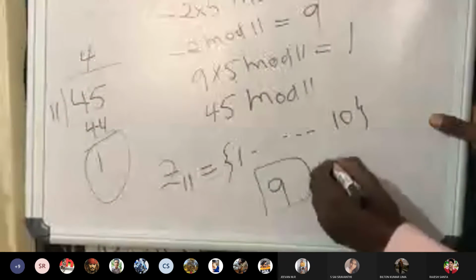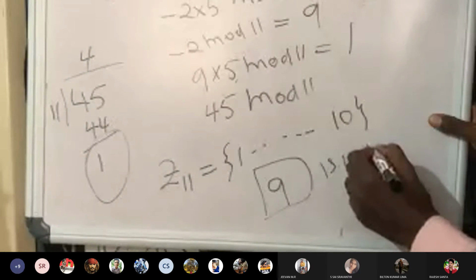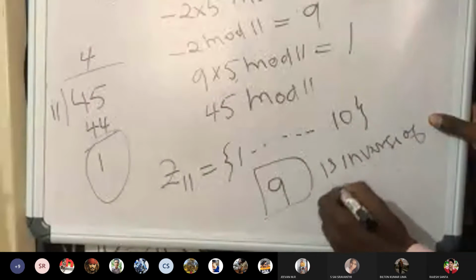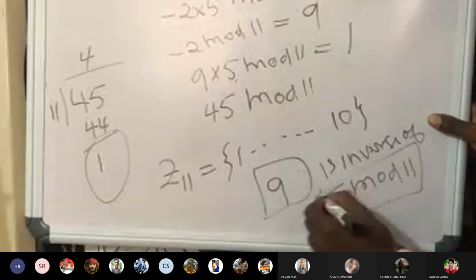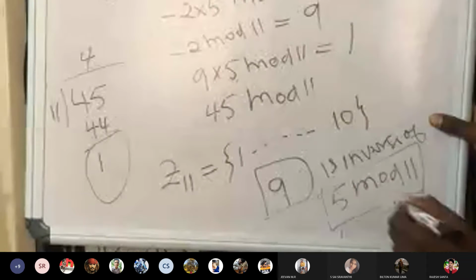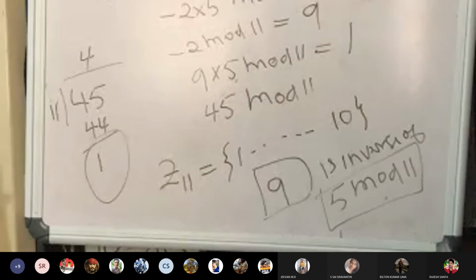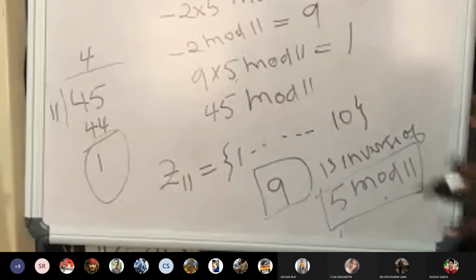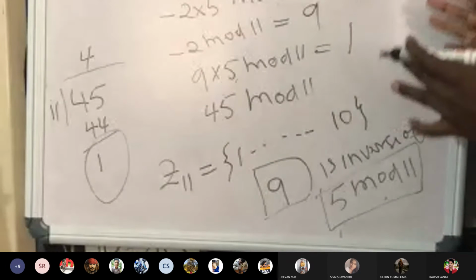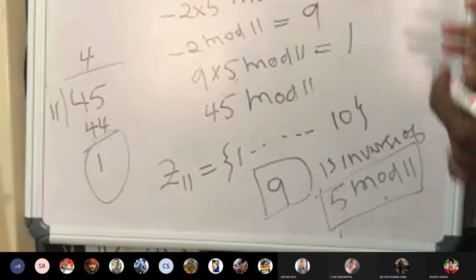So we say 9 is the inverse of 5 mod 11. Period. Done. This is how we calculate the multiplicative inverse.